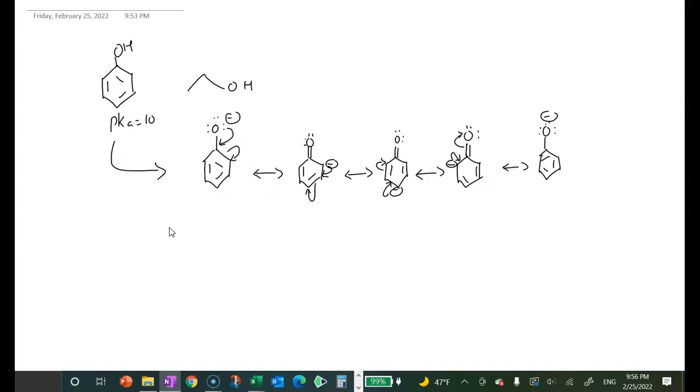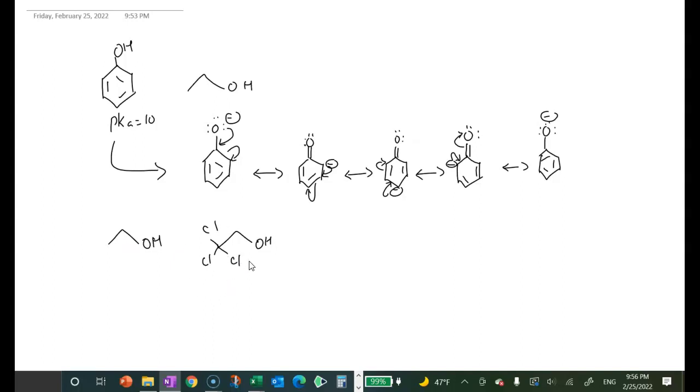Sometimes you may be asked questions about alcohols with more electronegative groups and to compare their acidity. For example, if you have an alcohol like this and an alcohol with a chloride group on the adjacent carbon atom, the second compound would be more acidic than this one because of the inductive effect.